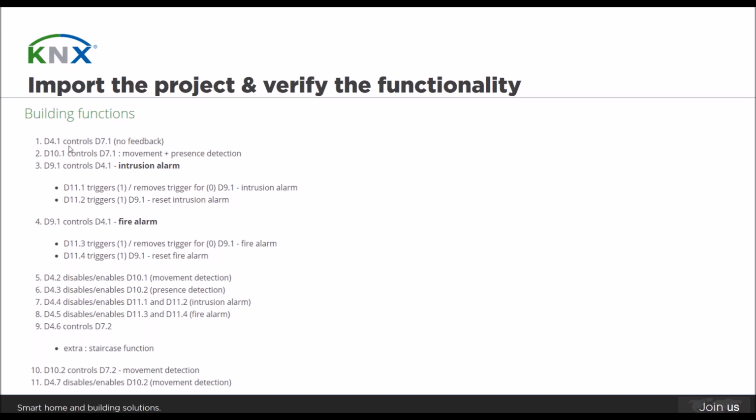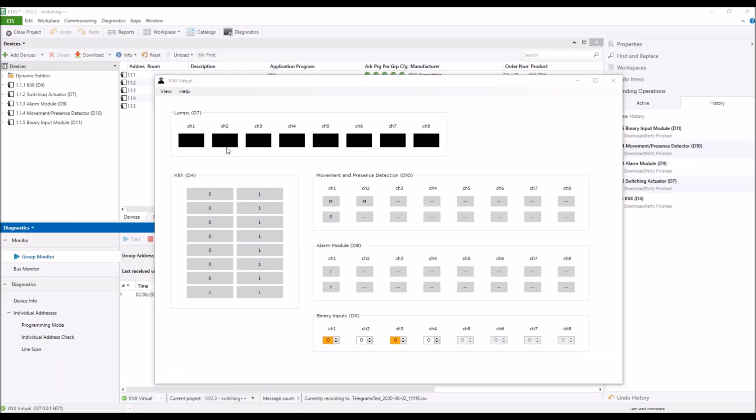So D4.1 controls D7.1. What does that mean? D4.1, it's actually the first channel of the push button, controls D7.1, which means channel 1 of the switching actuator here, channel 1, with no feedback, however.